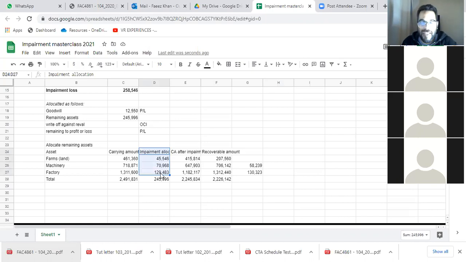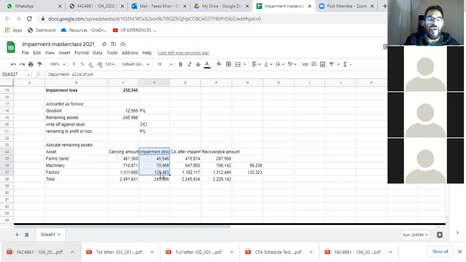Once you have done that, now you check carrying amount after impairment against the recoverable amount. And if the carrying amount after impairment is less than the recoverable amount, you have to reallocate.